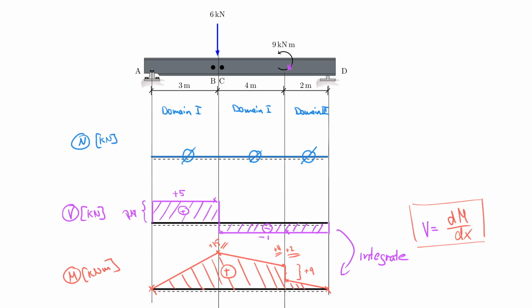You find this often recommended to you in the literature, and this is of course correct, but you have to understand the entire physical meaning of the system. And here is just one example of that, where you see a concentrated moment, and that has an impact on your diagram that you would not find by simply integrating these functions here, the +5 and the -1, where the function is a constant. I understand that, of course.